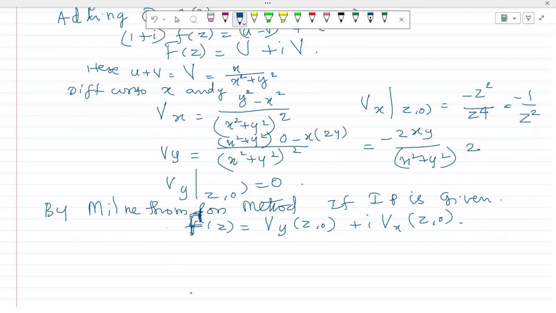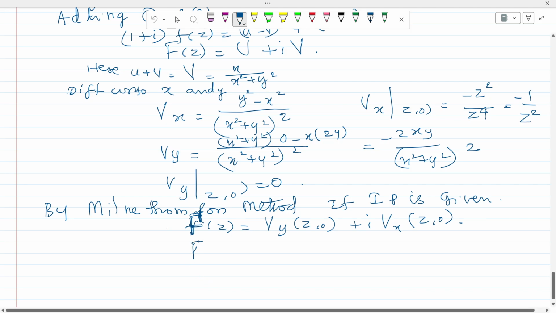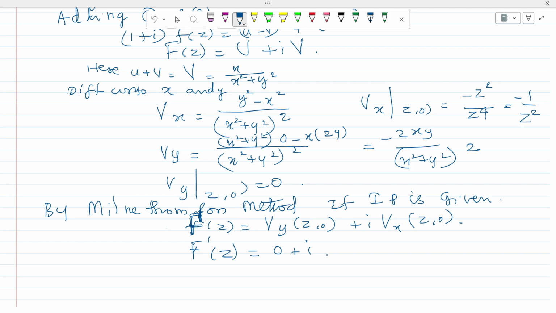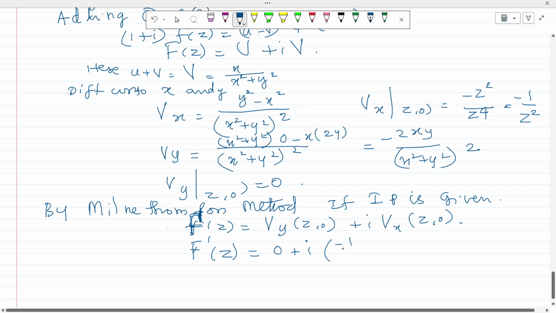Based on this formula, capital F dash of z equals Vy of (z, 0), which is 0, plus I times Vx of (z, 0), which is minus 1 by z square.